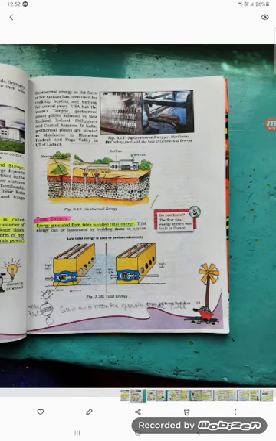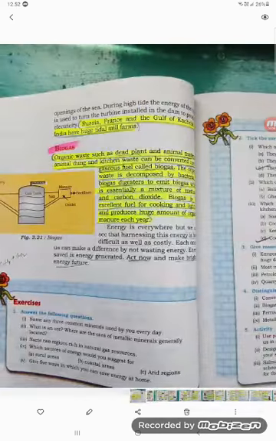And here is the term tide. The tides are the rhythmic rise and fall of oceans twice a day due to the gravitational force exerted by the sun and moon on the earth. The last term of this lesson is biogas.